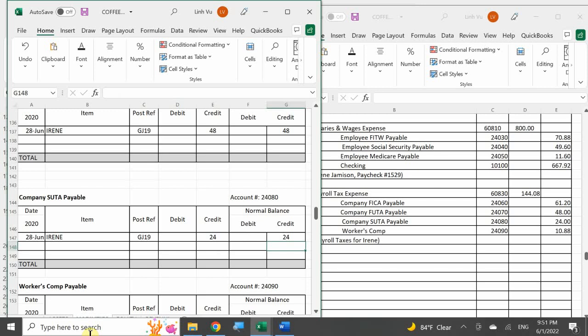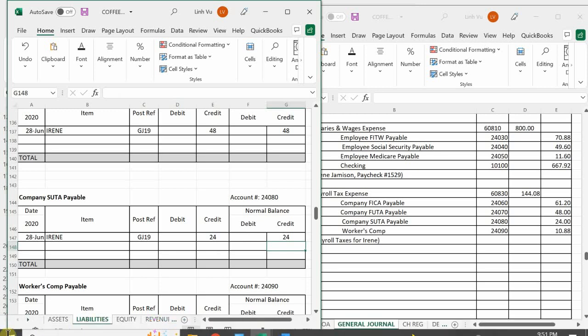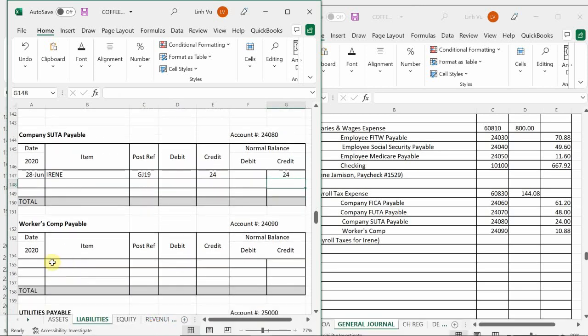And last but not least, worker compensation was $10.88. Okay.